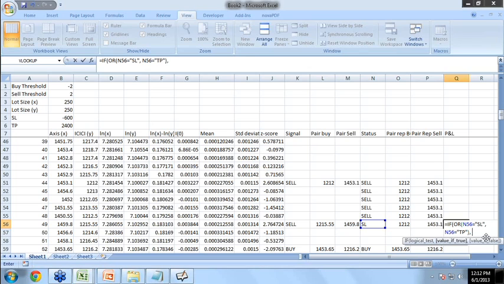Okay, then if that is the case, if the previous cell, so if the trade was buy, then my take profit would be, I can directly take it from the status column because that is the M2M basically.